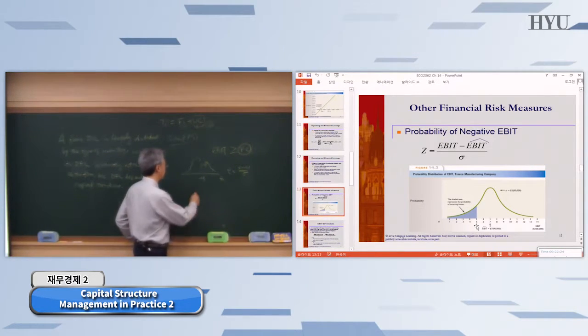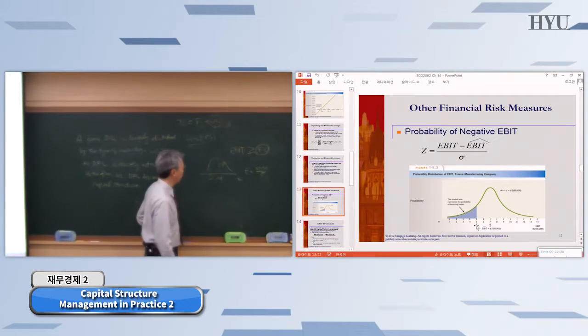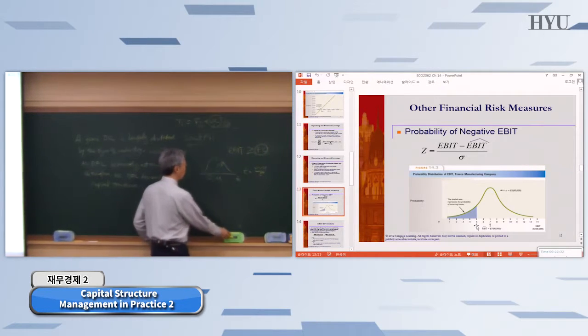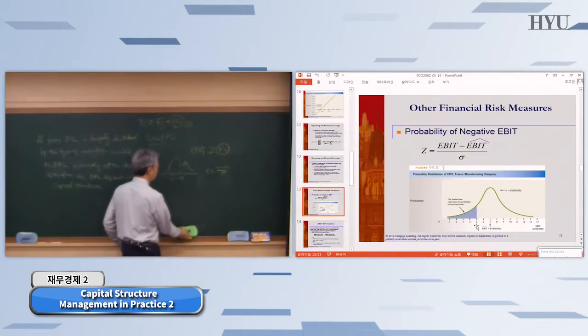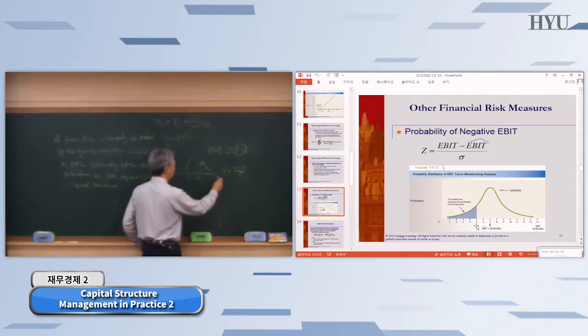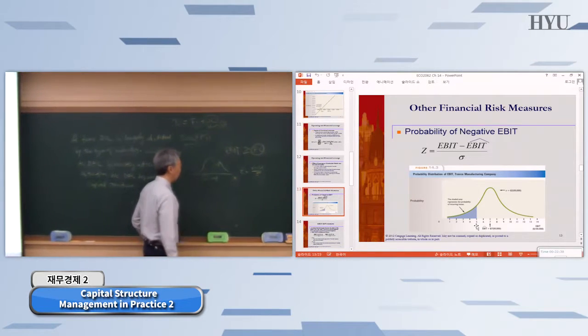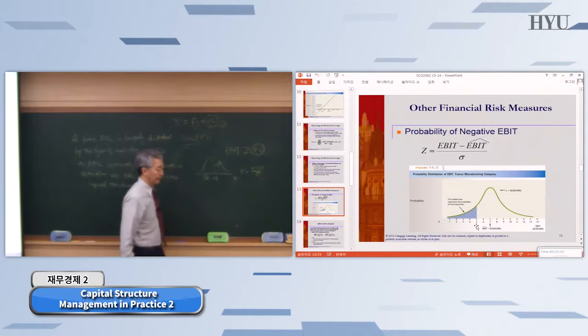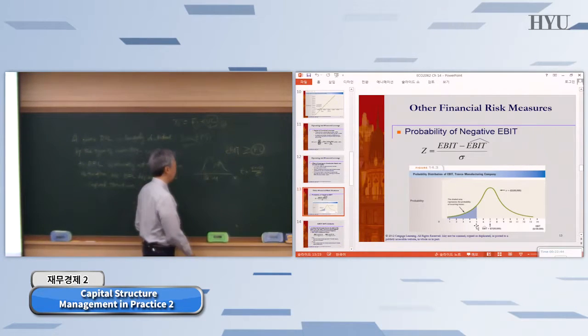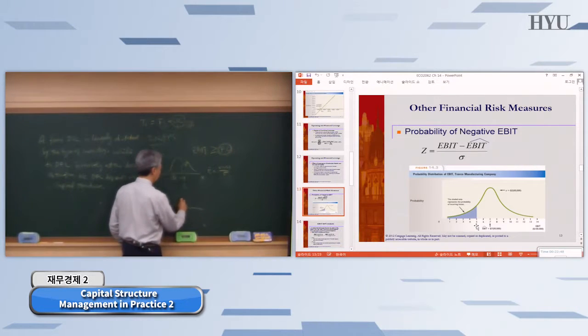So whatever value you have on a normal distribution, let's say this is actually EBIT, or X, and this is a particular X value, Xi, then you can convert it into a standard normal distribution.